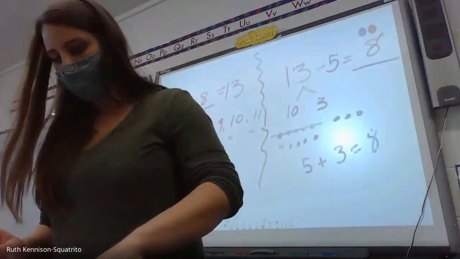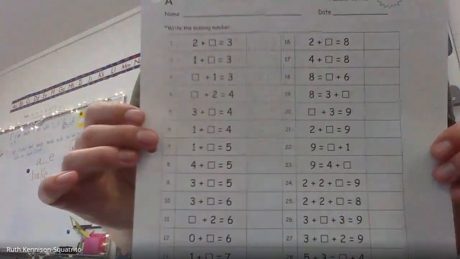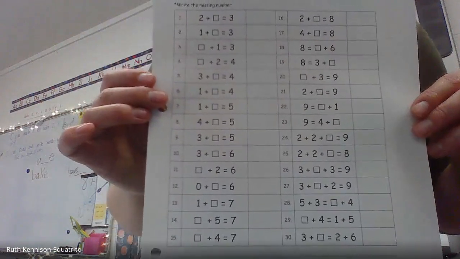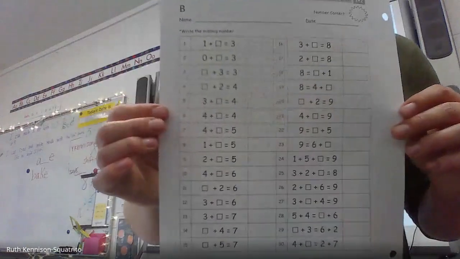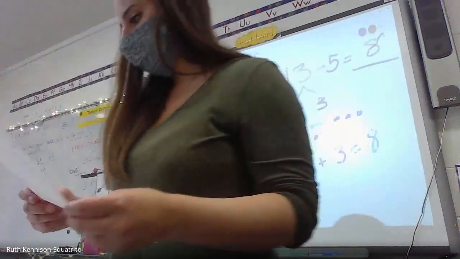Okay. Once you are done with that, you can do 10 minutes, see how far you get on that sprint. Once again, just pause it, do that work, turn it in on Dojo. There's side B. Okay.